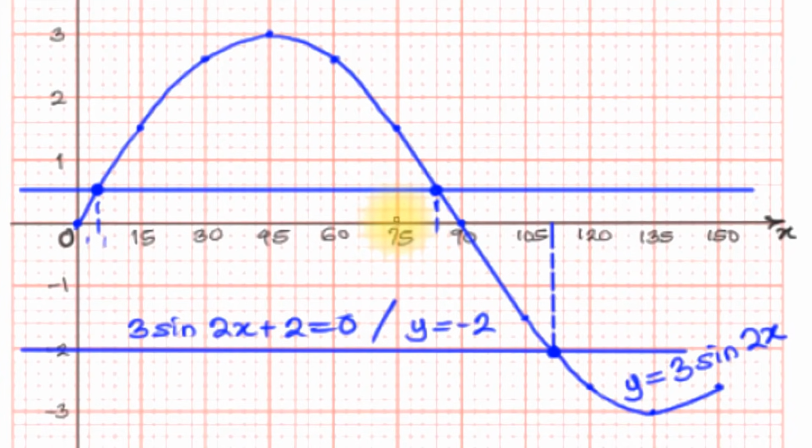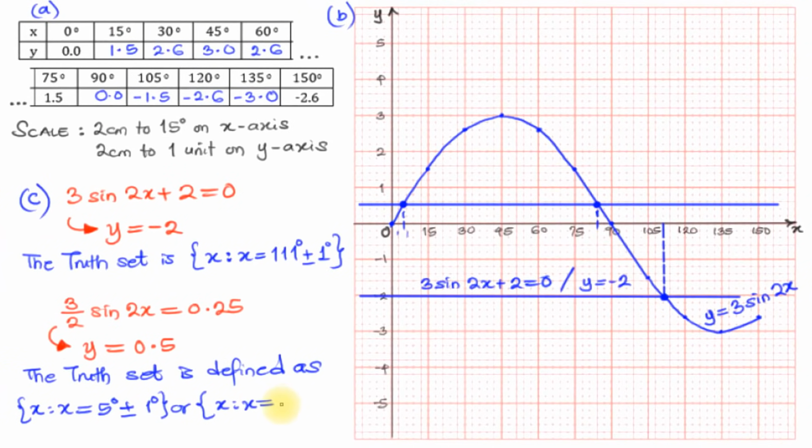Here we have 75, and we have 1, 2, 3 boxes. So we have incremental values of 3. So 3 in 3 places, that will be 9. So 75 plus 9, that will be 84. So we have 84 degrees plus or minus 1 degree.